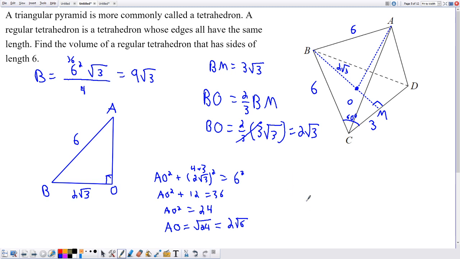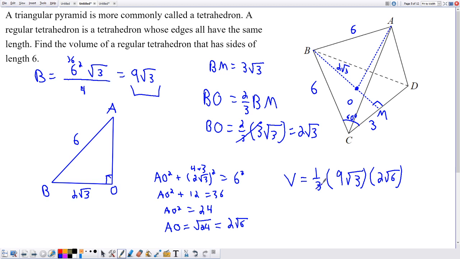So now all that means we can find the volume finally. The volume, again, we have a pyramid, so it's 1/3 the area of the base, which we know is 9 times the square root of 3, times the height, which is 2 square root of 6.